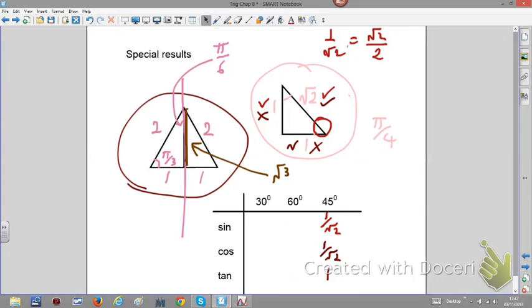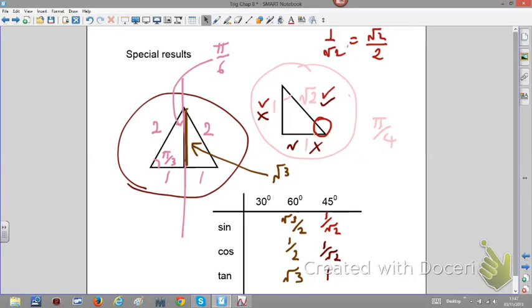Now looking at pi over 3 and sine, or sine 60, so that's the opposite, which is root 3, divided by the hypotenuse, which is 2. So that's root 3 over 2. The cos is the adjacent, which is 1 divided by 2. And tan is the opposite over the adjacent, which is root 3 over 1. So that's just root 3.